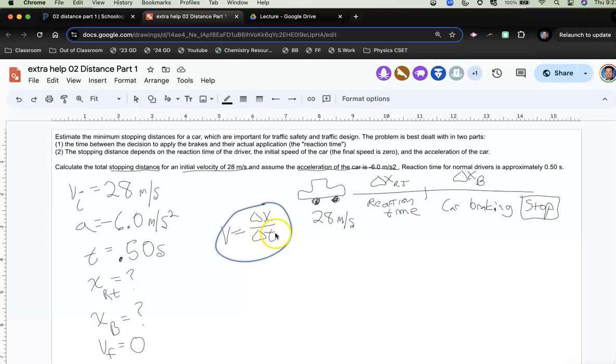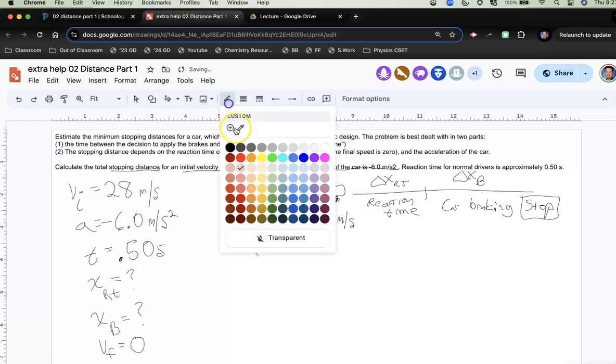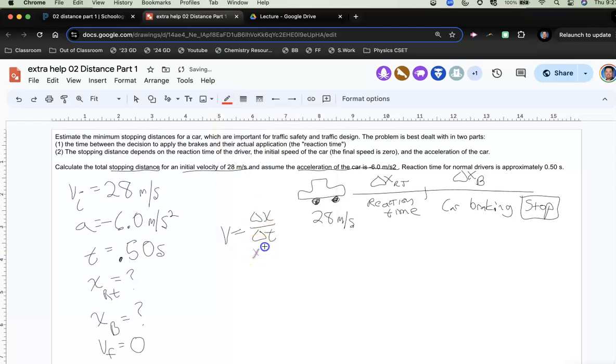It's already being divided. What's opposite of divide? Multiply. So let's multiply delta T to both sides. And what's left over, Caleb? If I'm going to rewrite this whole thing, what is remaining?